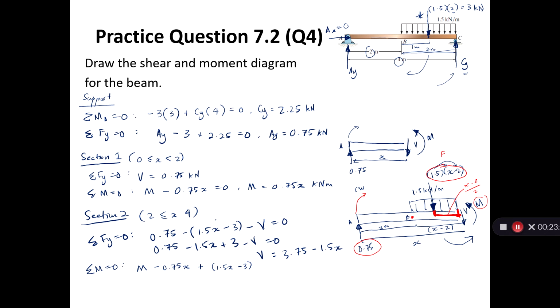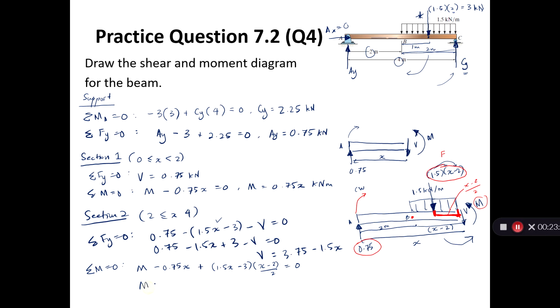Okay, same as what we had here. Times the distance, and the distance is x minus 2 divided by 2. That's it, equals 0. So solve this. Alright, as in get the equation for M.